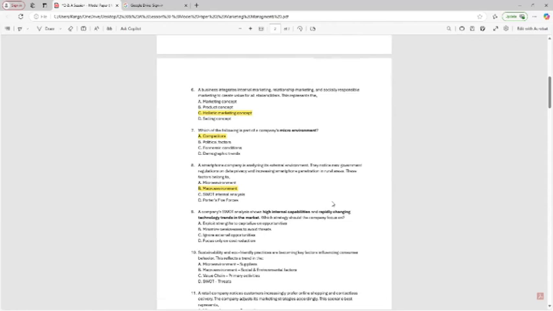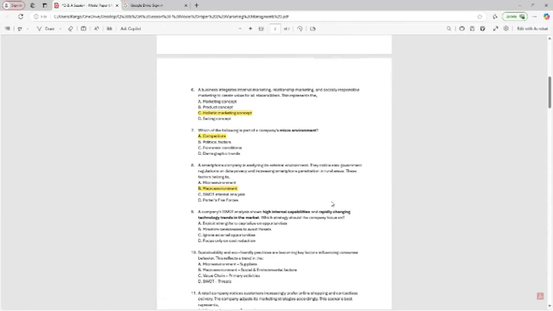So when we focus on SWOT analysis, what is the best strategy we can focus on for these two highlighted factors: high internal capabilities and rapidly changing technology trends?